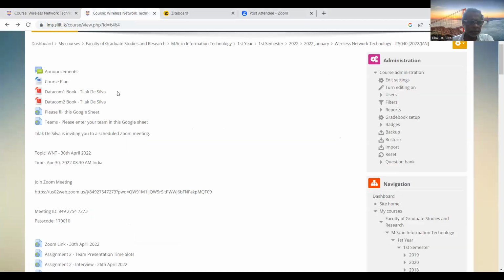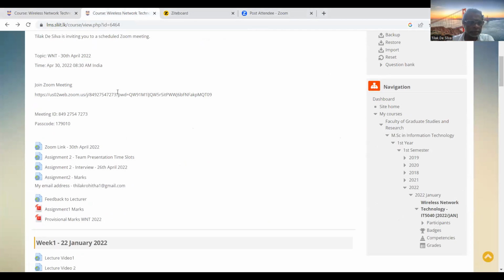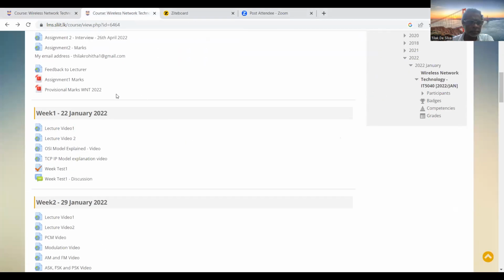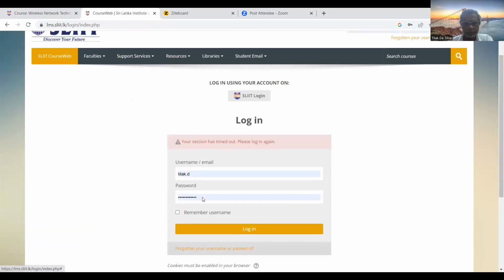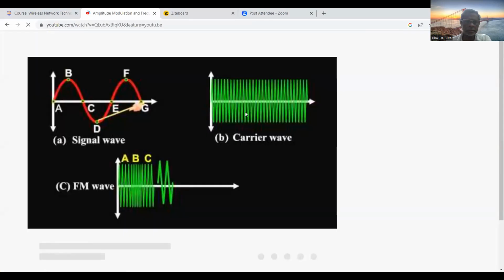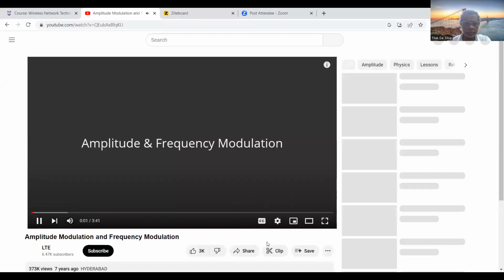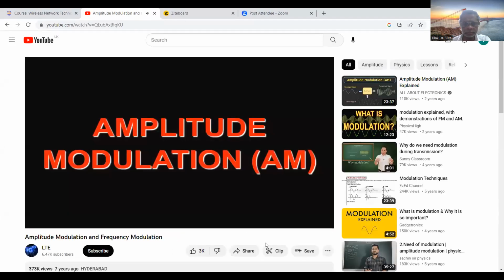It is about analog modulation and frequency modulation, AM and FM. What is amplitude modulation, that is AM?